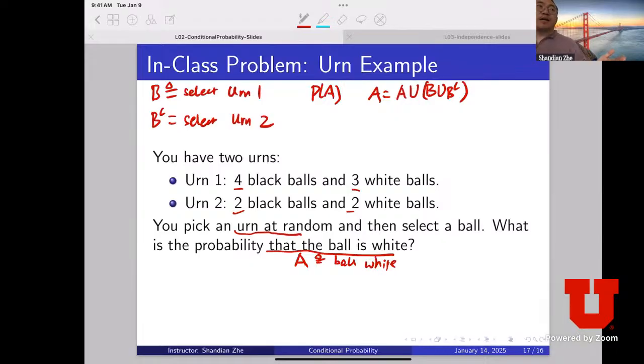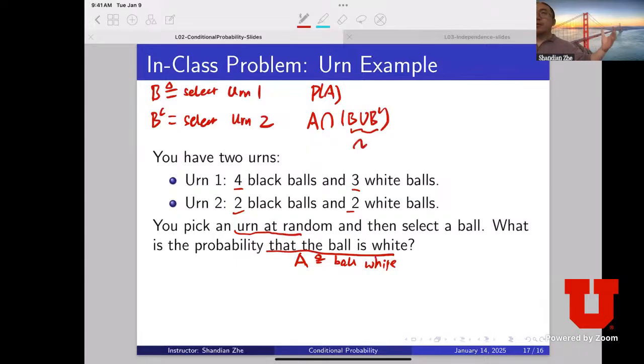Because B union with B complement is just the whole sample space, the universal space, which we know is omega.